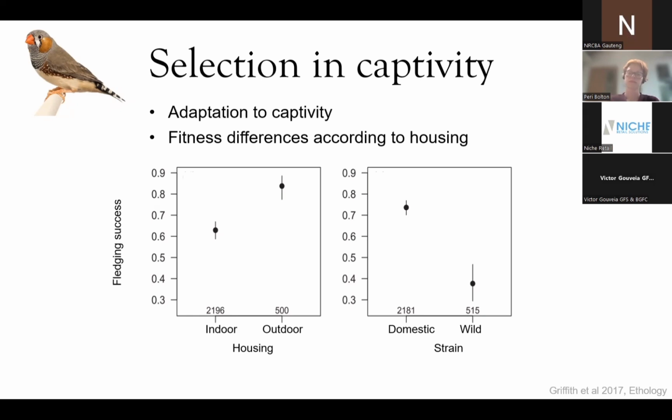I'm not saying it's impossible, generally speaking. So the question is, at what point number-wise are you in trouble? That's a good question. The recommendation is you want to have approximately 50 breeding pairs to stave off the worst effects of inbreeding.